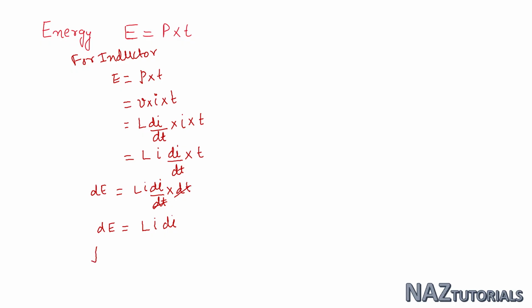If you integrate on both sides, this is L integration of I di. If you apply a voltage in an inductor, the current flows from 0 to I and the stored energy goes from 0 to E. So the limits are 0 to E and 0 to I. So you can write E is equal to L I square divided by 2.